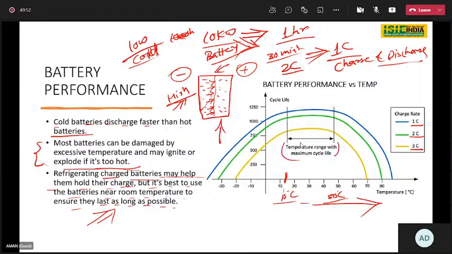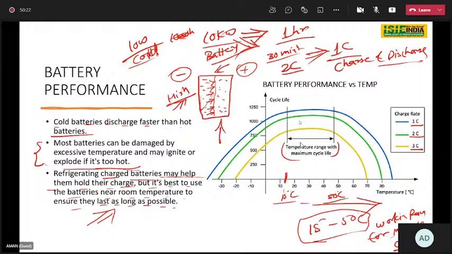So if we are working with our battery at room temperature, between 15 degrees Celsius and 50 degrees Celsius, this is your working range for maximum life cycle. Okay. So this is the thing, right?